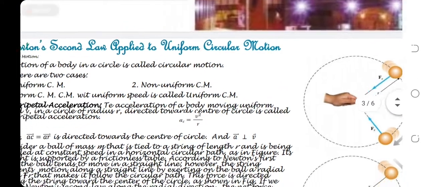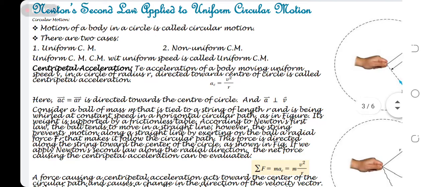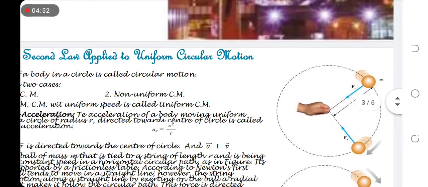So when a body moves in a circular path, even if its speed is constant, the velocity of the body changes from point to point. The velocity is always directed along the tangent to the circle. Since the velocity is changing, there must be acceleration.